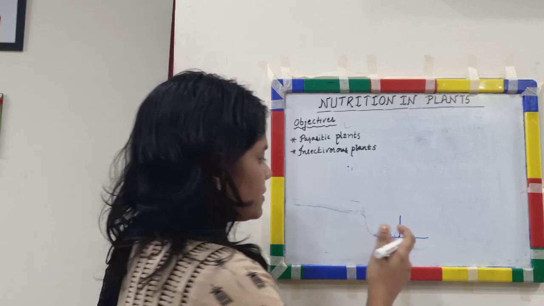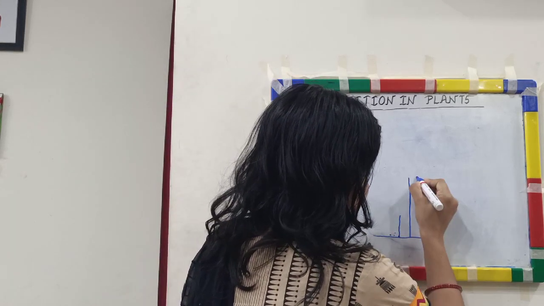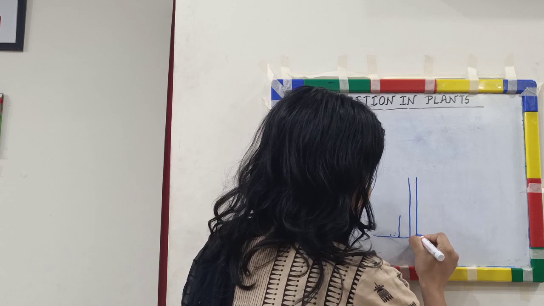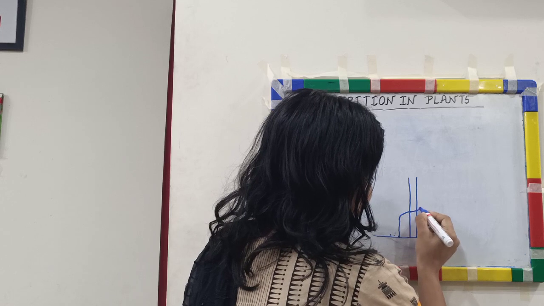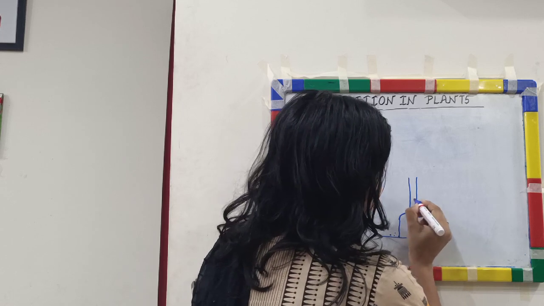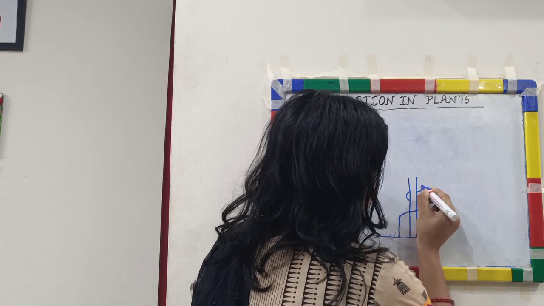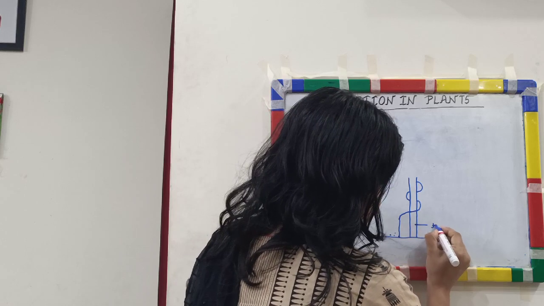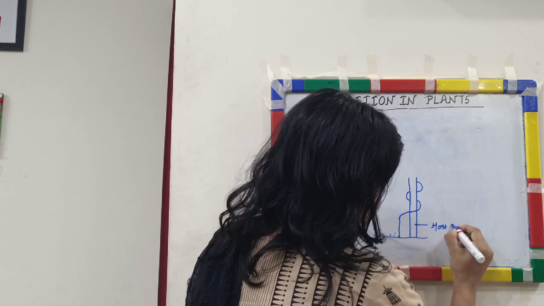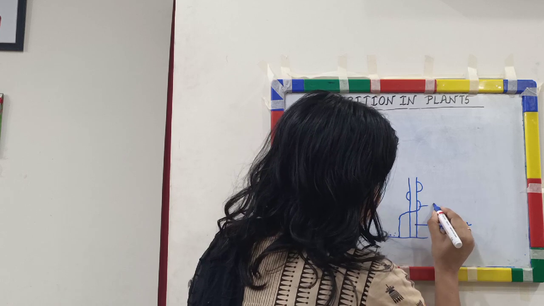So it searches for a host plant. Suppose this is the host plant. It searches the host plant and starts to twine around its body. So you can see the twining. This is the host plant. This is the parasite Cuscuta.